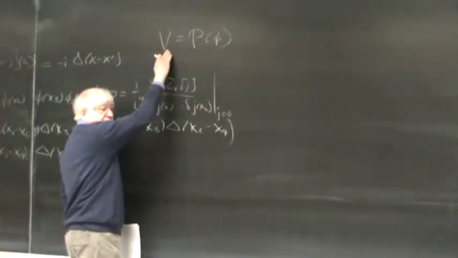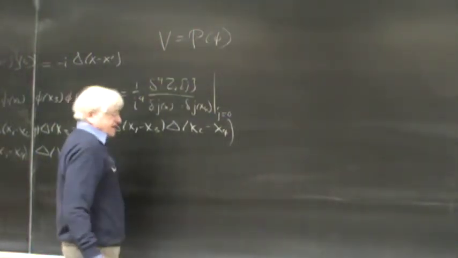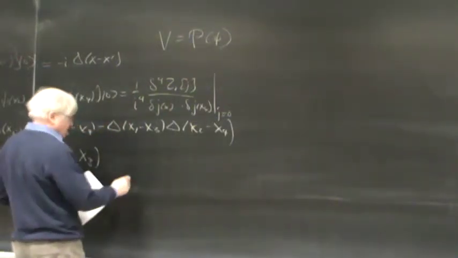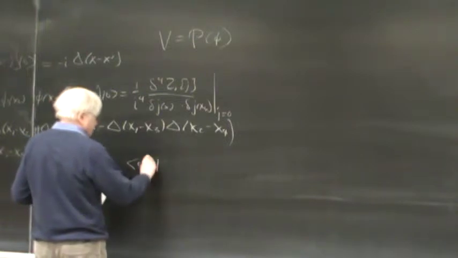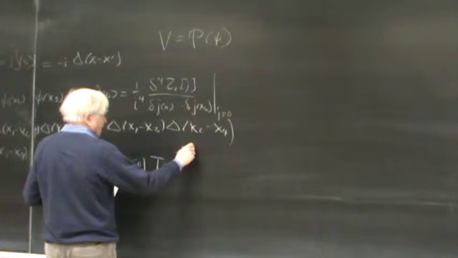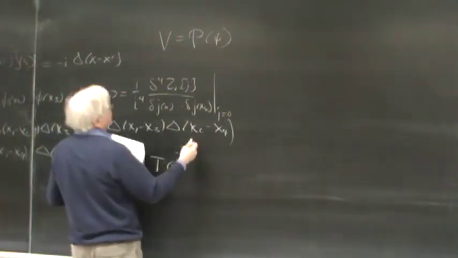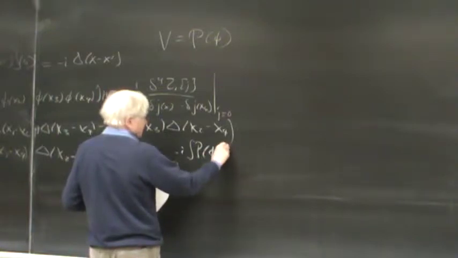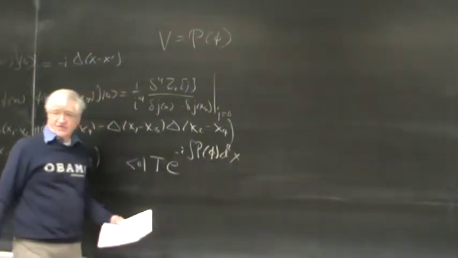And scattering amplitudes, from time-dependent perturbation theory, are essentially time-ordered products of e to the minus i integral of the interaction Hamiltonian, which in this case is P of phi d4x.